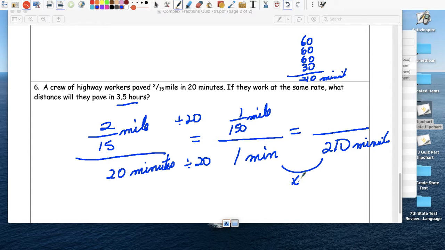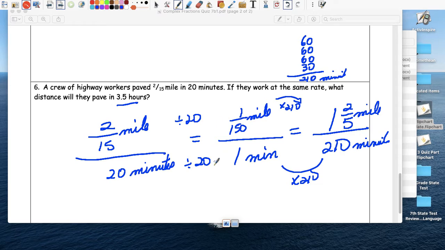Well, multiply that by 210, and we multiply that by 210, and let's see what we get. Simplified, they actually get to do 1 mile and 2/5 of the next mile.